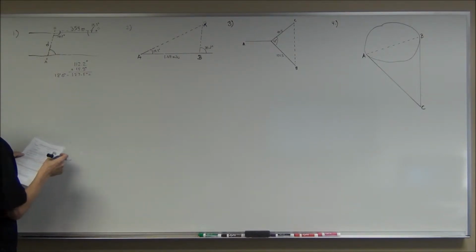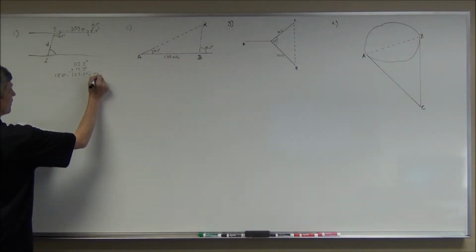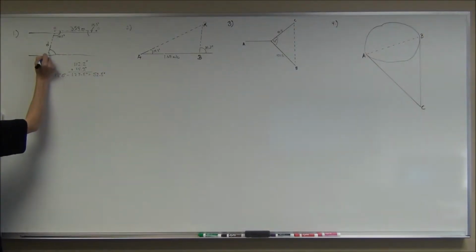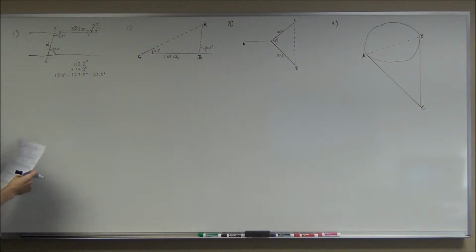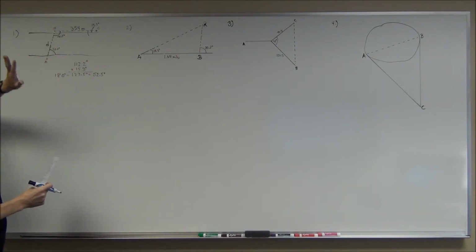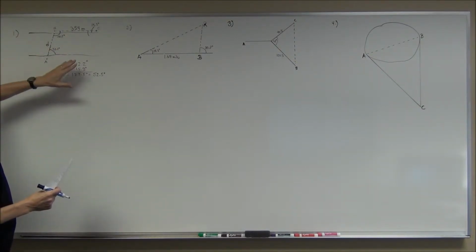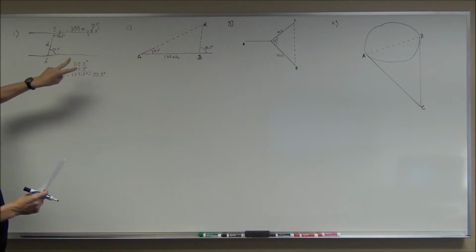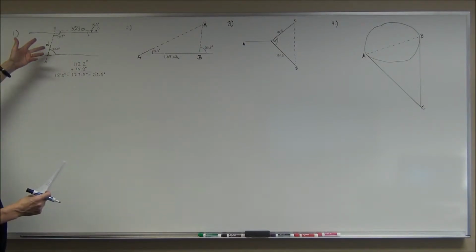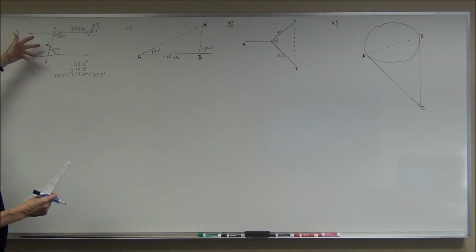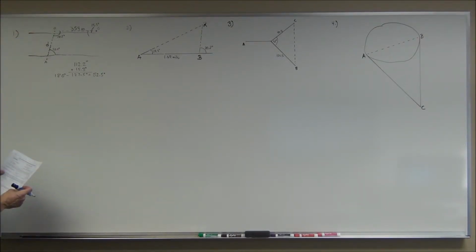According to what I did the first time, I got 52.5 degrees. So that's this angle right here, 52.5 degrees. Now see, I have all three angles and I have one side. I can use the law of sines. You need at least two sides to use the law of cosines, and it's not a right triangle, so you can't use SOHCAHTOA. So I know I have to use the law of sines.